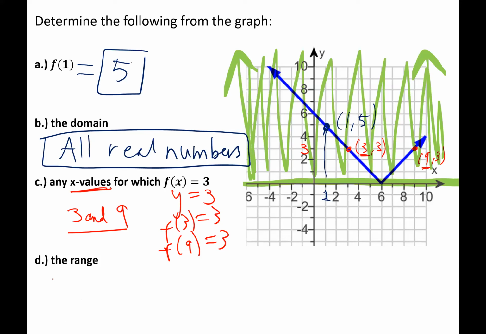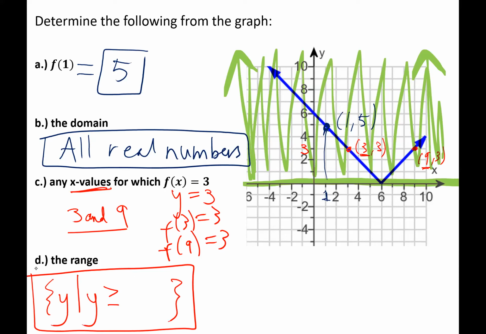It's the set of all y such that y is... Now, on the homework, all of this will be laid out for you. You just have to fill in the box right here. That's all you have to do. So it's the set of all y such that y is greater than or equal to whatever this lowest value is, and that lowest value is 0. So you just have to fill in that number, which is 0.